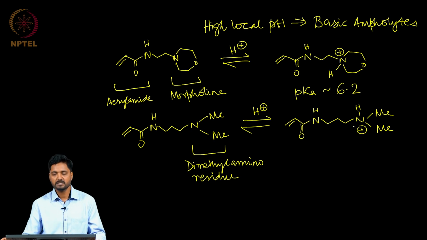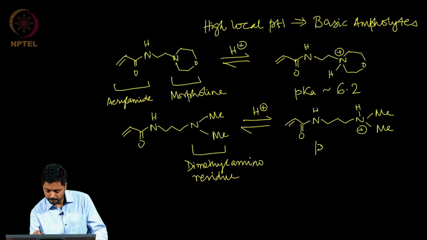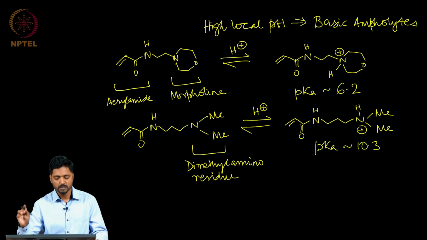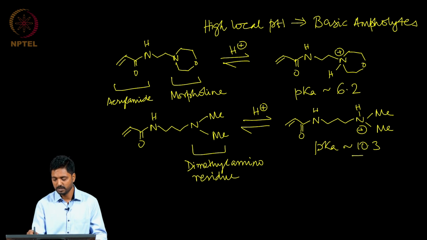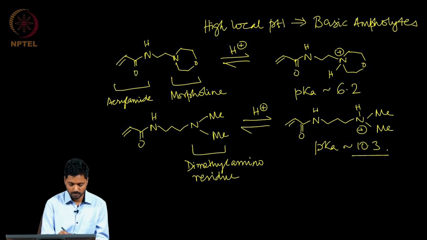So, this results in a pK value of about 10.3. So, when we use this dimethylaminoacrylamide system, our gel will have a local pH of about 10 or so.